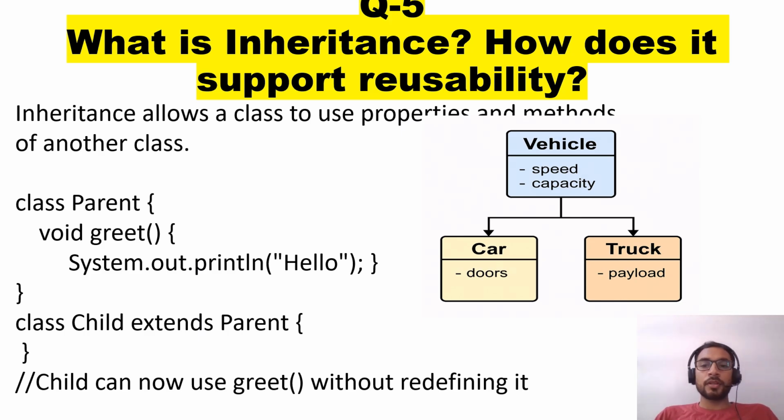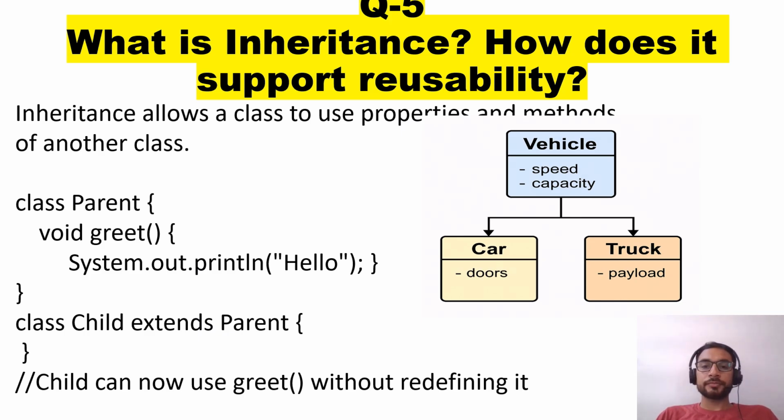We have a diagram: the Vehicle class has two fields, speed and capacity, and the Vehicle class is extended by two other classes, Car and Truck. So Car and Truck inherit the properties of the Vehicle class.